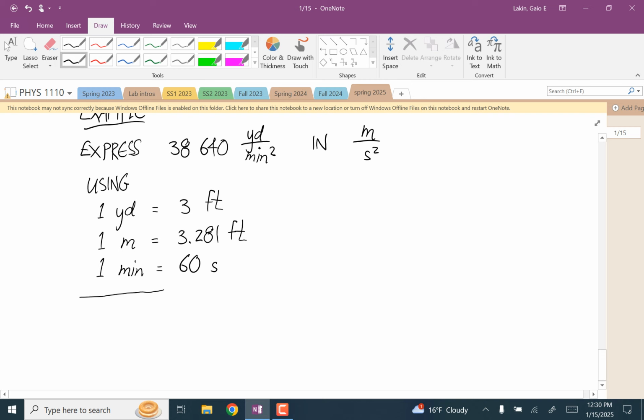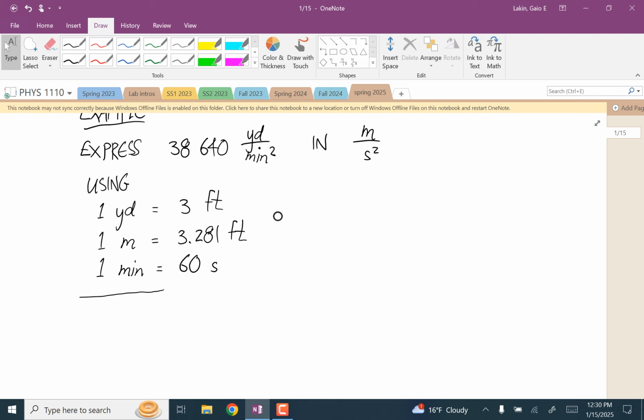Okay, so we're going to start with 38,640 yards per minute squared. Whenever you see a unit with an exponent like this, I think the best way to think about it is as yards per, in this case, minutes times minutes. So I'm going to expand it out.